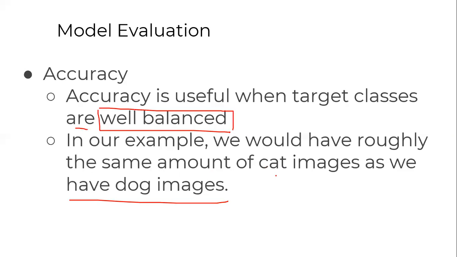Similarly, suppose for those 100 images, there are 99 images of dog and only one image of cat. So I am showing 99 images of dogs to my computer and only one image of cat. What will be the output? What can you think of the model in such a case?